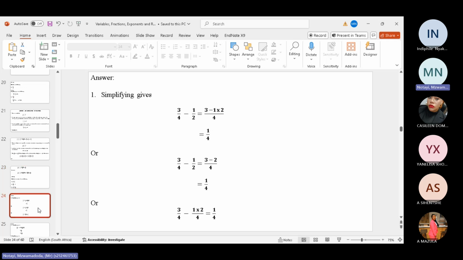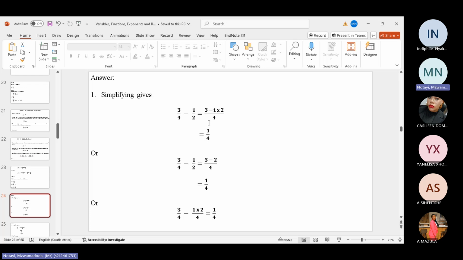Okay, let's see. Simplifying gives 3 over 4 minus 1 over 2 is equal to 3 minus 1 multiplied by 2. So we take the common denominator as 4.